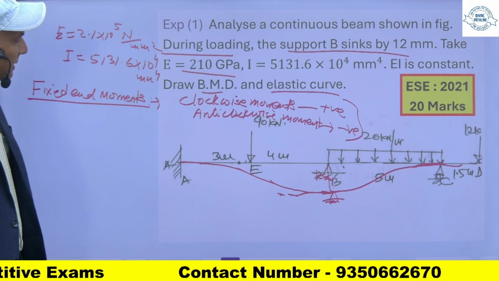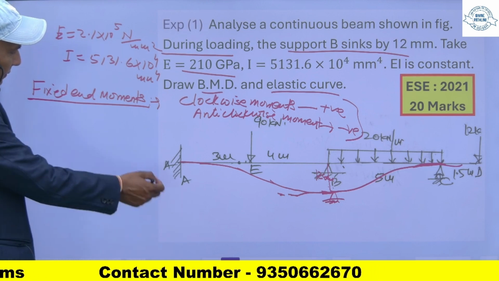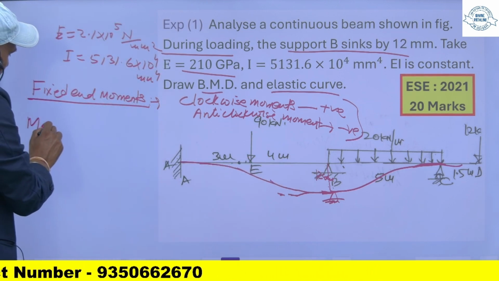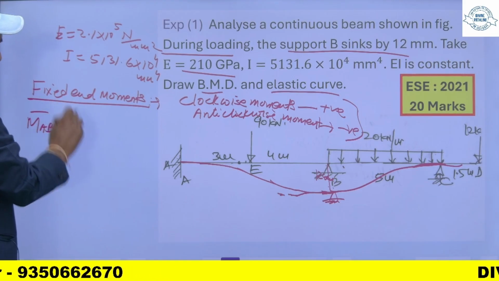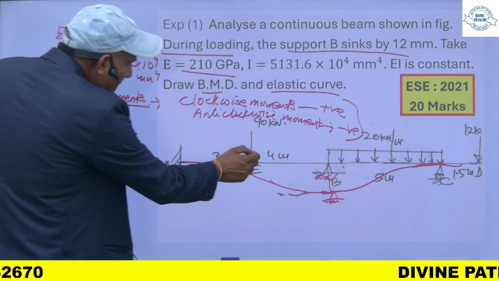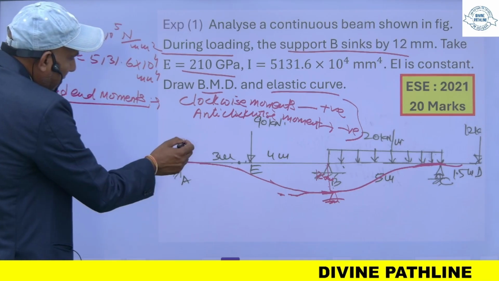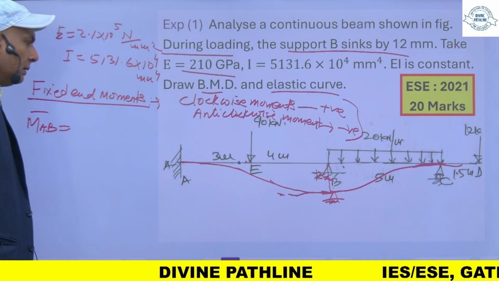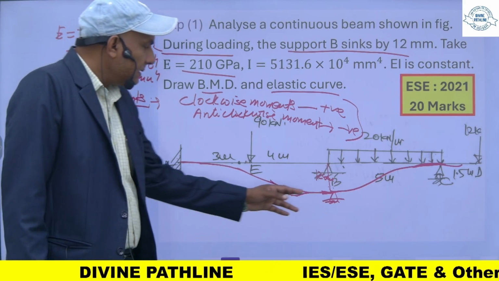So first I will calculate the fixed end moment for this beam AB. One will be because of this point load and another fixed end moment because of this sinking.